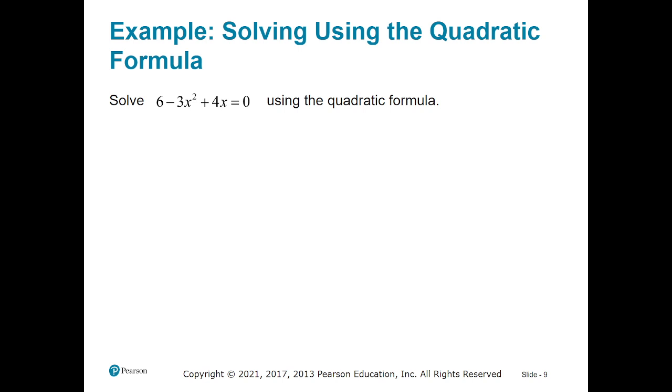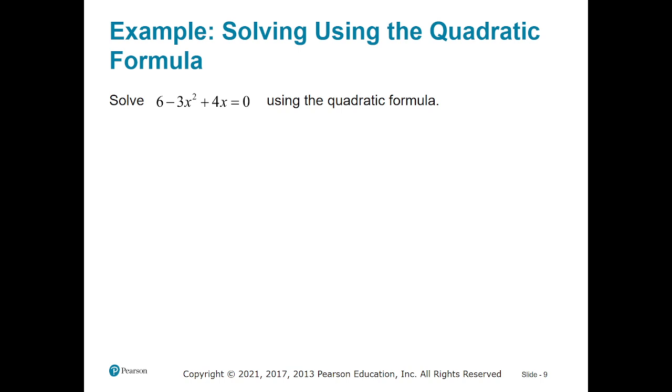Okay, let's go ahead and try to use this now to help us solve a quadratic equation. The given quadratic is 6 minus 3x squared plus 4x equals 0. We know it's quadratic because the highest exponent is a 2 on that x, but we also notice that it's not really in our standard form, ax squared plus bx plus c.